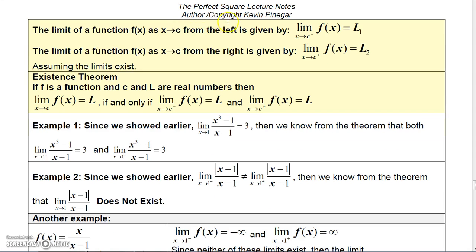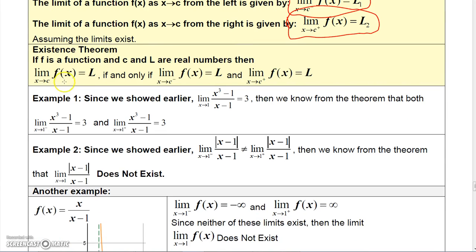Okay, so this just describes the notation that you use. The limit of a function f of x as x approaches c from the left is given by this notation. Notice the little minus by the c. And the limit as x approaches from the right is given by the little plus here.